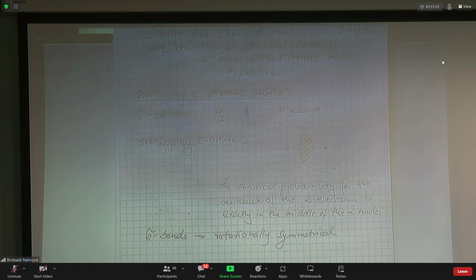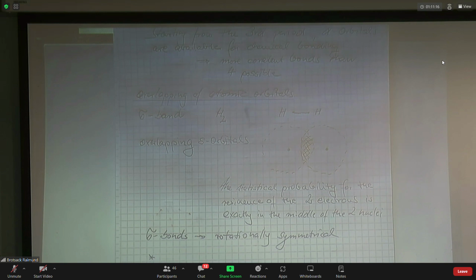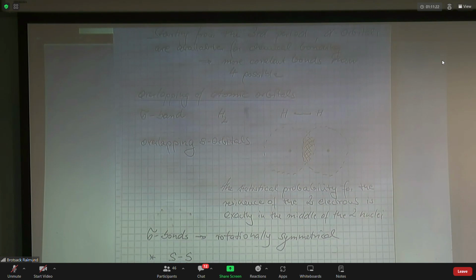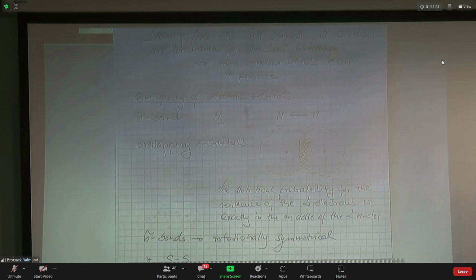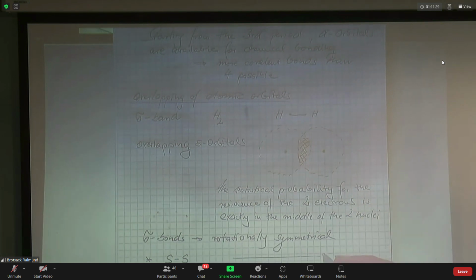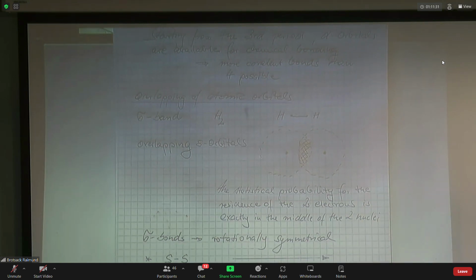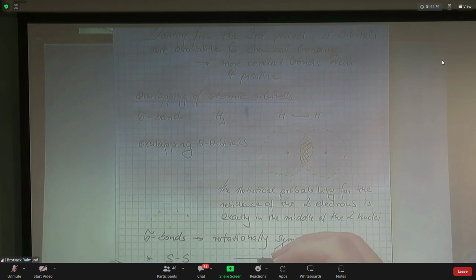And we have different types of sigma bonds. What we drew just now above is the SS type sigma bond. Here we have a common axis where the hydrogen atoms, for example, are located with the two nuclei, and the s orbitals are overlapping.